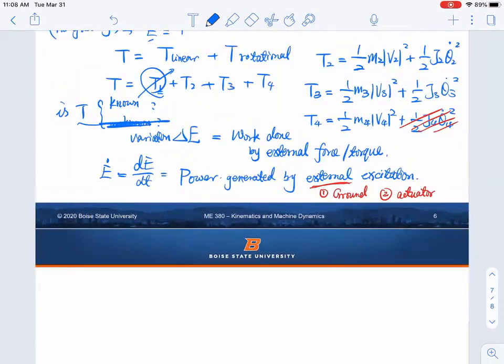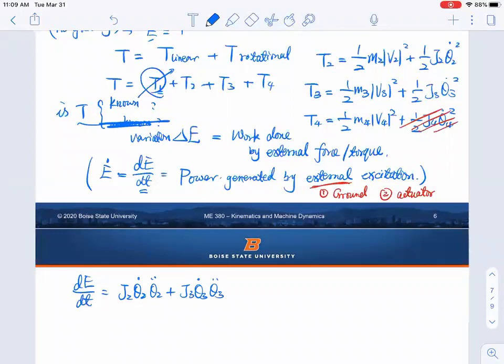So in order to find this equation, the first thing we need to calculate is the changing rate of E, right? We need to find what the dE dt is. The angular speed part is straightforward. It's J2 theta 2 dot theta 2 double dot plus J3 theta 3 dot theta 3 double dot. You just calculate the time derivative for these two rotational terms.